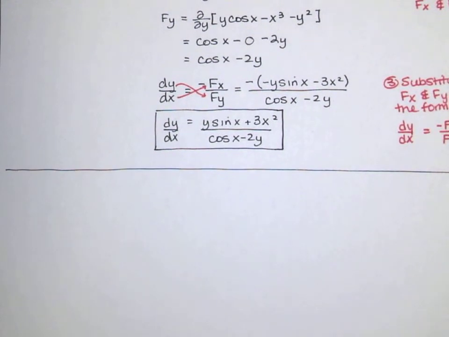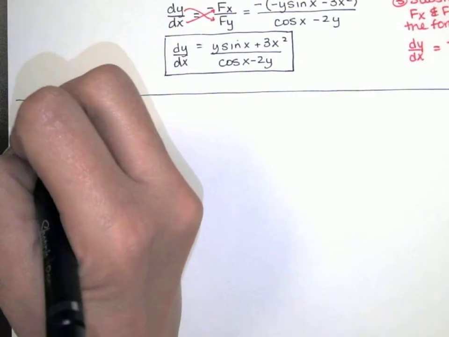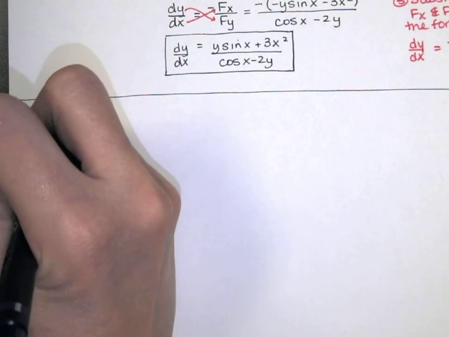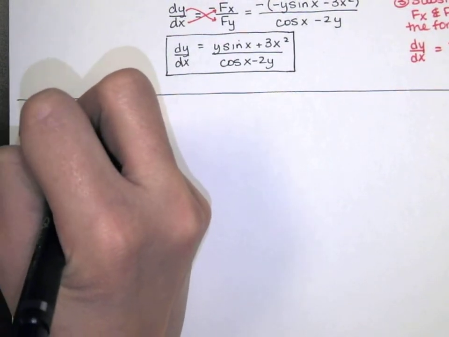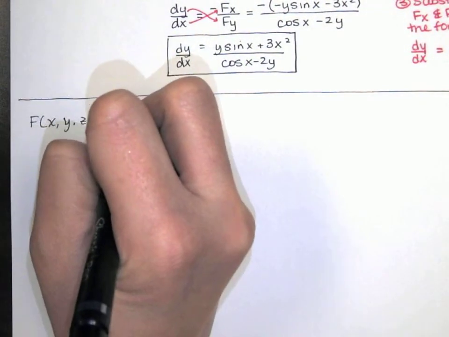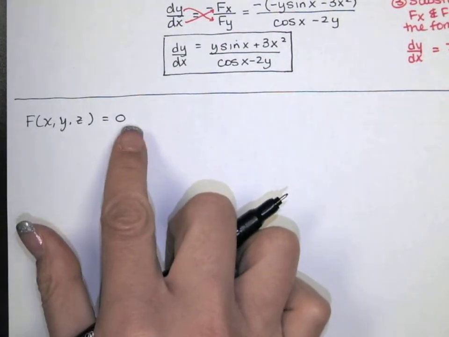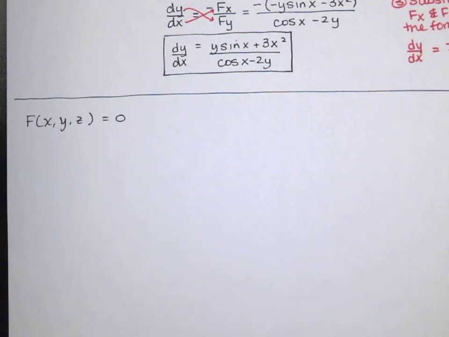Now similarly, if we have a function of x, y, and z, set equal to 0, or if there's terms on this side, we can move them over. We can think of z as a function of x and y under some conditions.